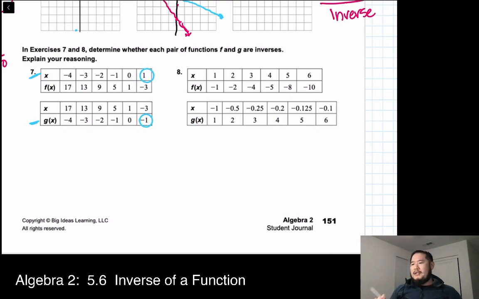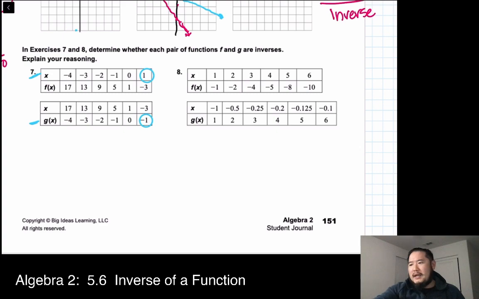They should be, because remember, with inverses, the x and y values are switched. There's nothing about the x and y values switching signs. It's just that they're switching spots. So right here, I think they made a mistake. This probably should be +1.